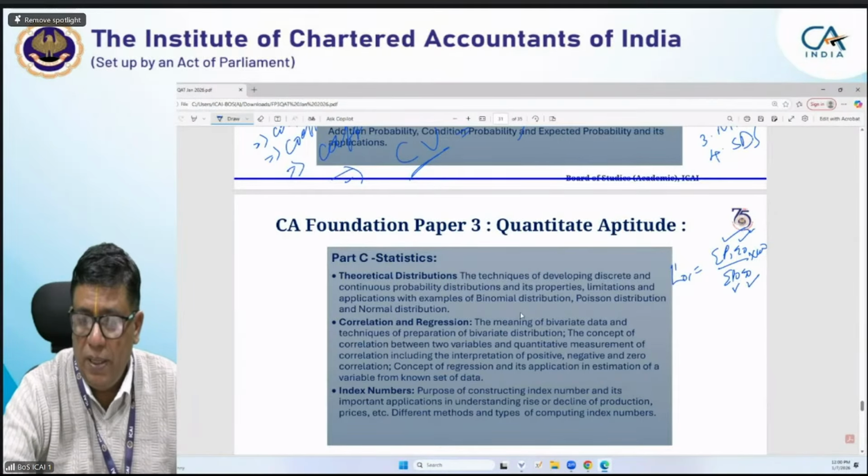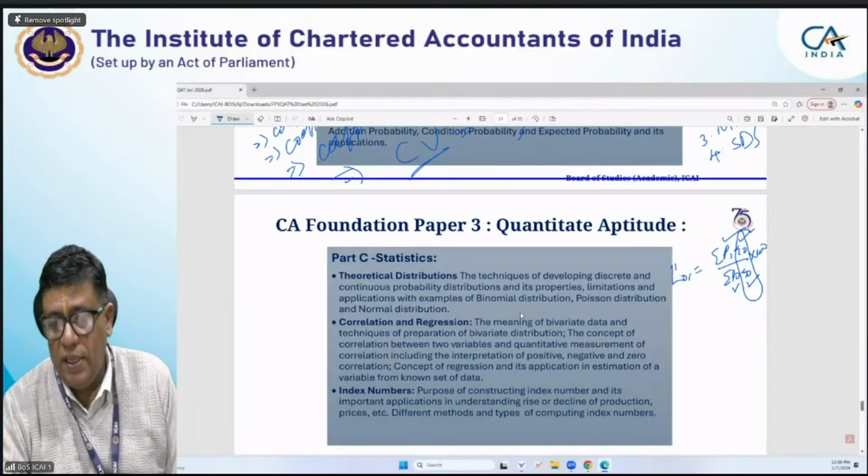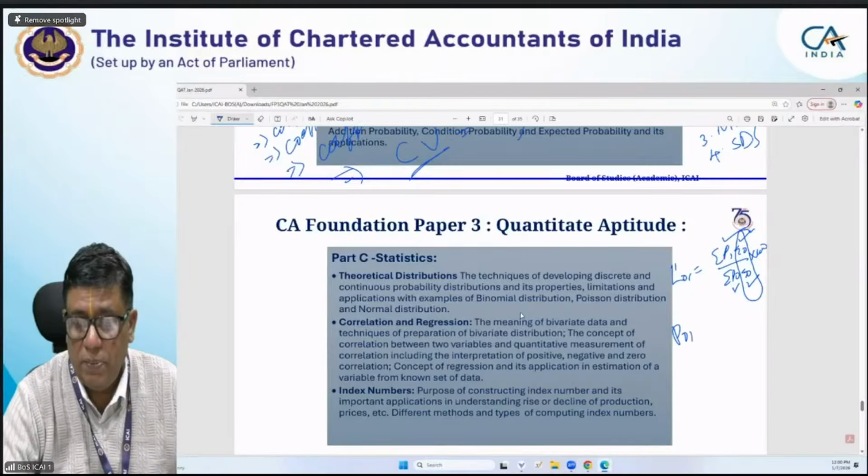Primarily you have to understand that the Laspeyres price index number has, as weights, the base year quantities. Next one is the Paasche index number: sigma P1 Q1 by sigma P0 Q1.